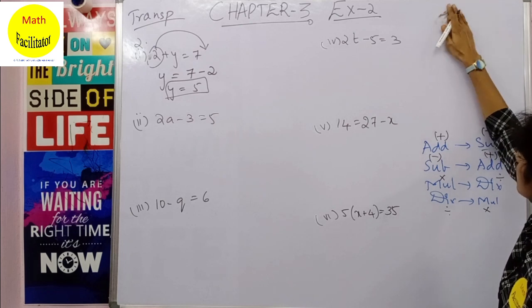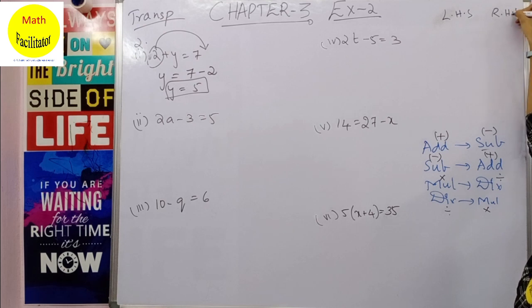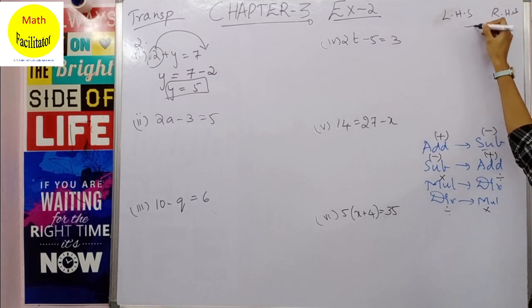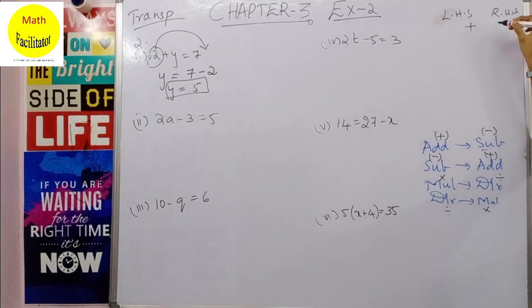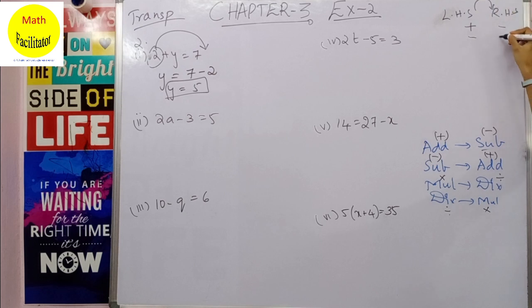Let us write this as LHS and RHS. Suppose you have plus in LHS, when it goes to the other side, it becomes minus. If you have minus in LHS, when it goes to the other side, it becomes plus. Similarly, multiplication becomes division, division becomes multiplication.